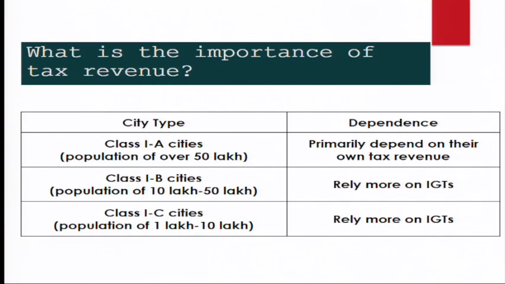Because of the difference in population, class 1B and class 1C cities will have to rely on intergovernmental transfers. This means lack of autonomy and increased dependence on IGTs. So this is how the cities are run and managed with regard to tax revenue.